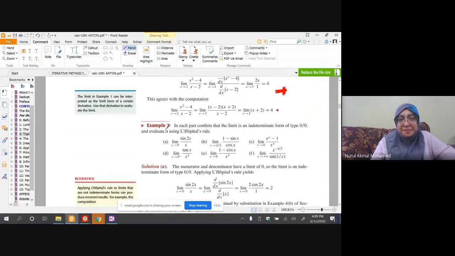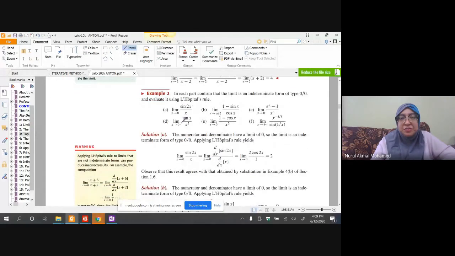Okay, for example 2, let's look at example A. Sine 2x divided by x. So when x tends to 0, sine 0 is equal to 0. You divide with 0, 0 divided by 0. You can use L'Hopital rule for this.